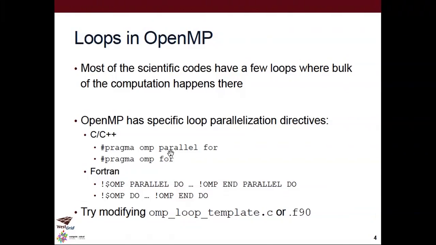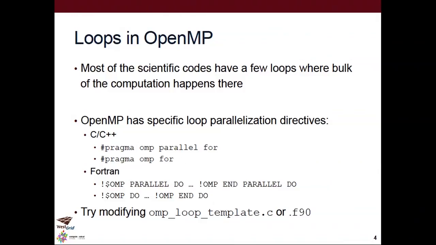But loops are easy to parallelize, and you will get more bang for your buck in terms of speedup and efficiency. In C++ or C, all the directives will start with #pragma omp. So all things start with that.